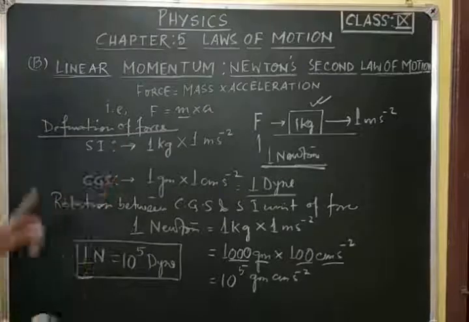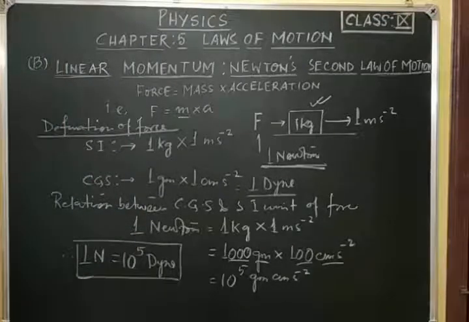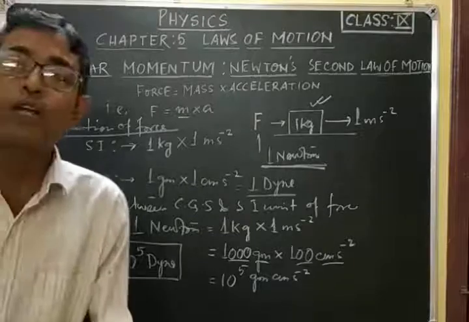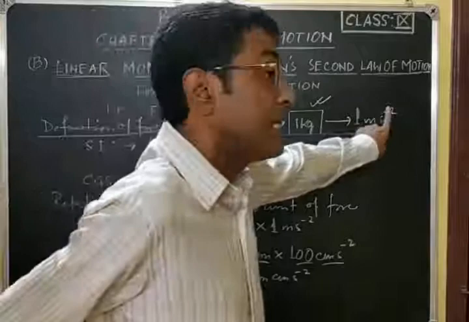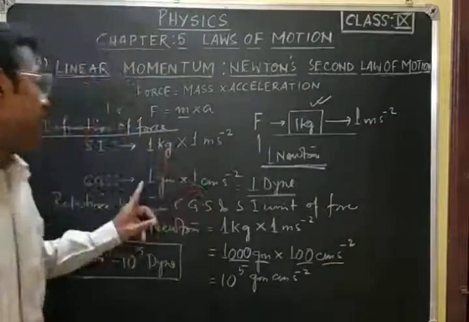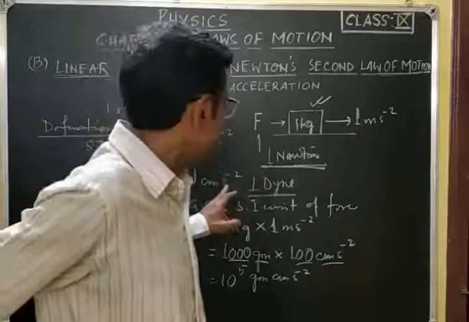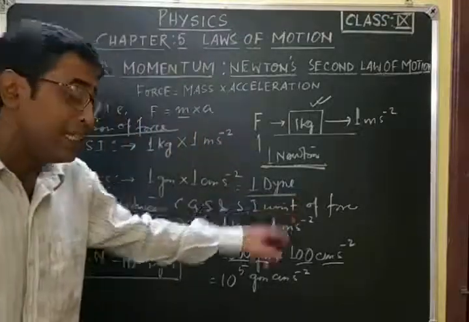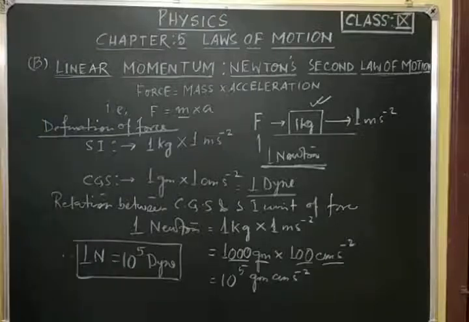The force which acts on a body of mass 1 kg and produces an acceleration of 1 meter per second square is 1 Newton, and the force which acts on a body of mass 1 gram and produces an acceleration of 1 centimeter per second square is known as 1 dyne. What is the relation? 1 Newton equals 10 to the power 5 dyne.